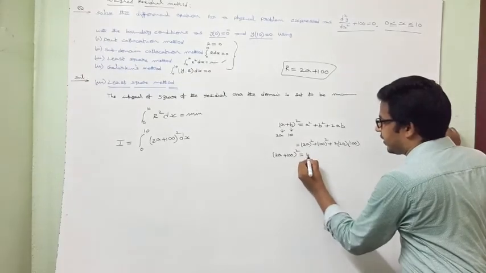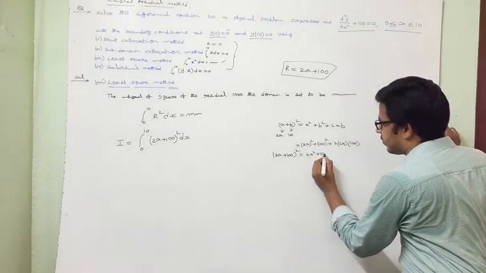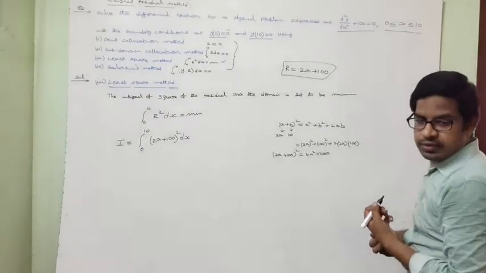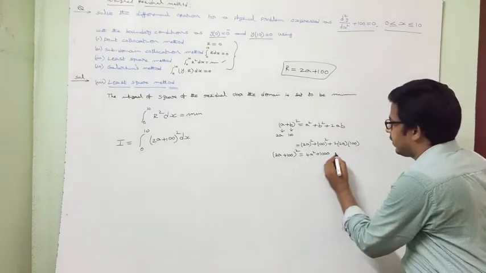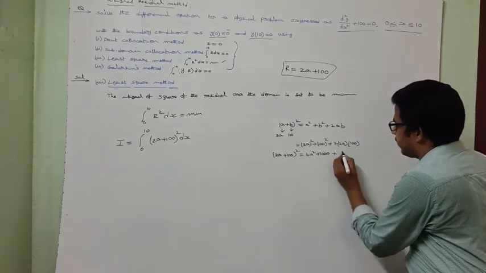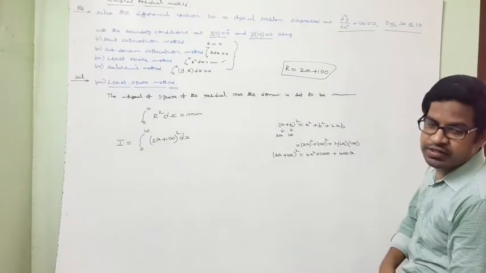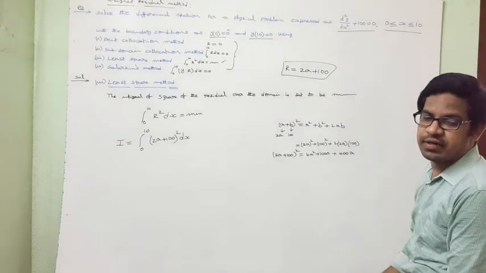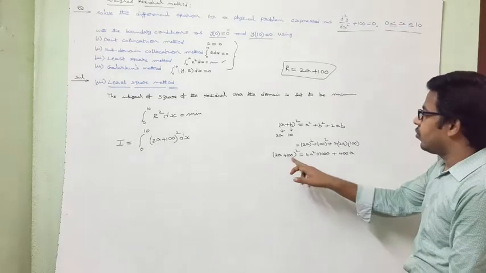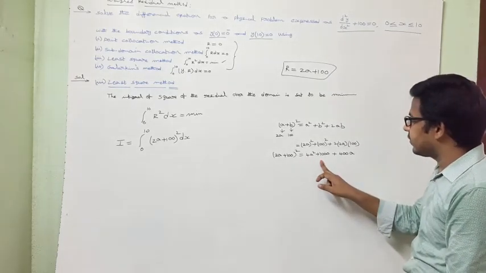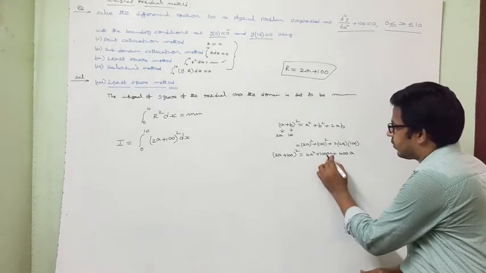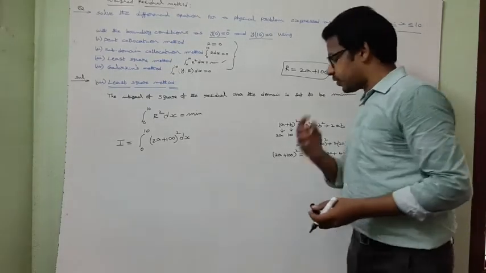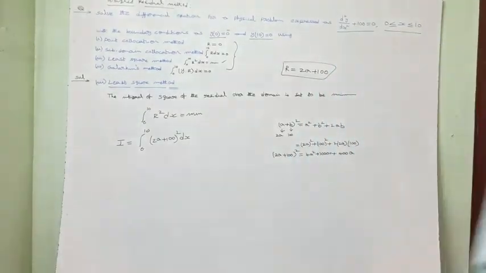That equals 4a square plus 10,000 plus 400 into a.